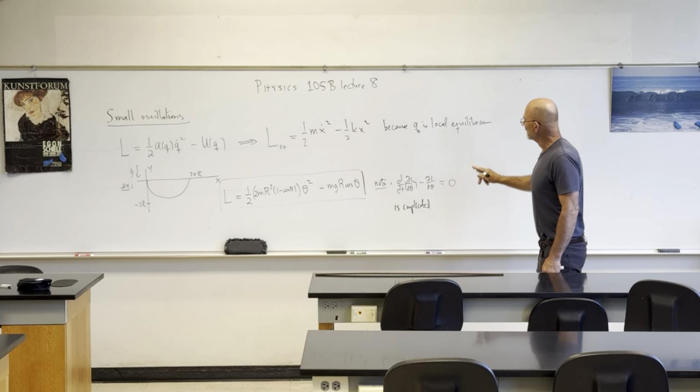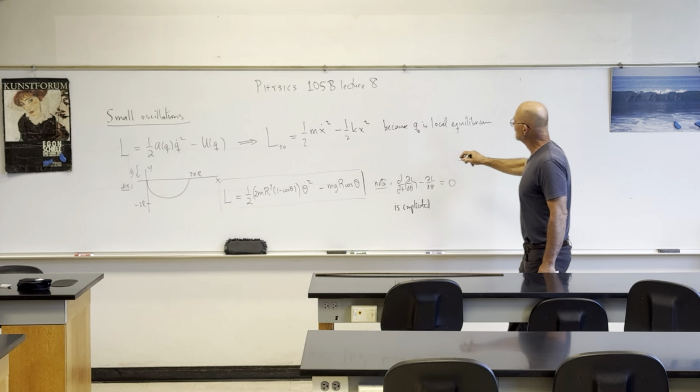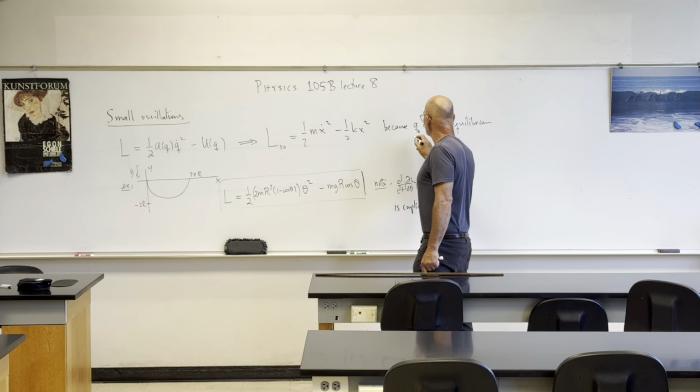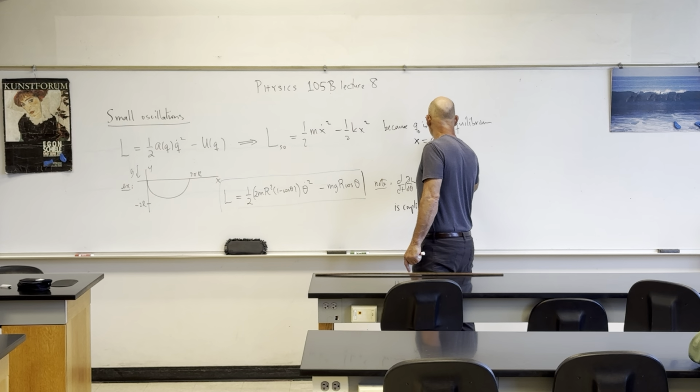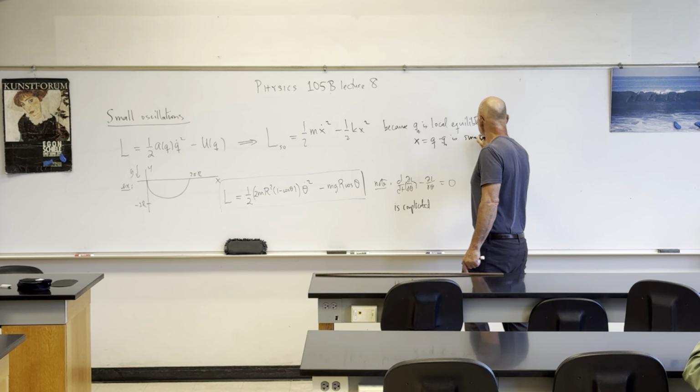So I did this last time. So we took the local equilibrium point, q naught, and then we said x equals q minus q naught is small.